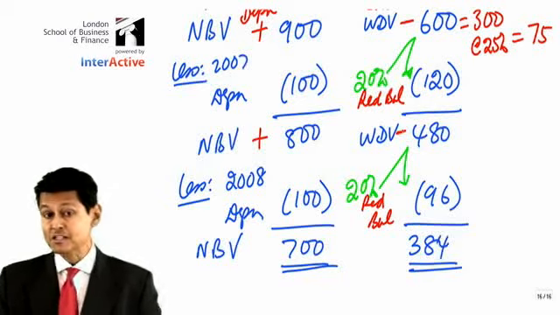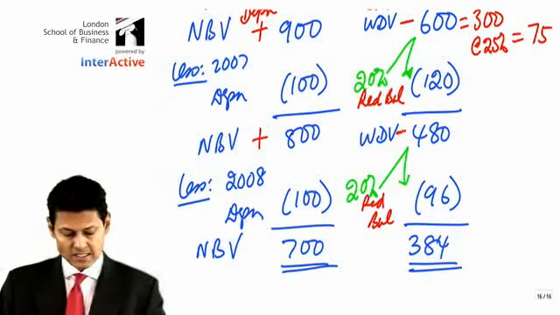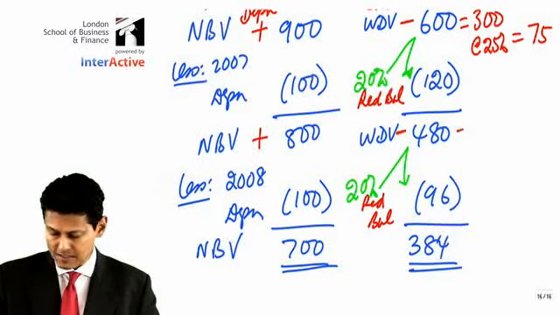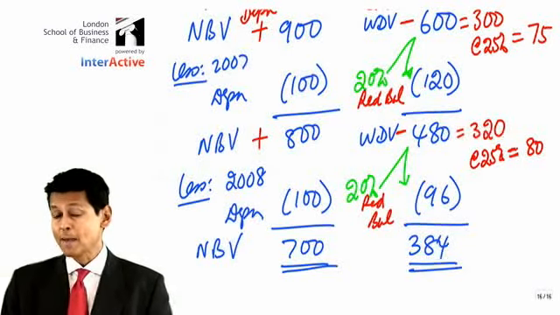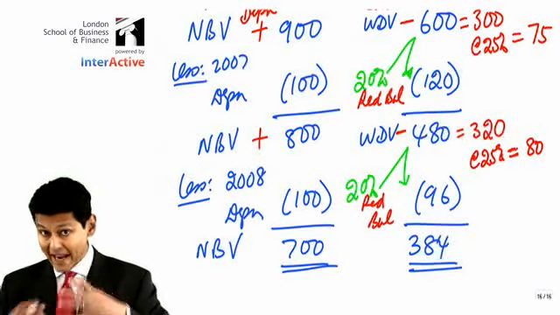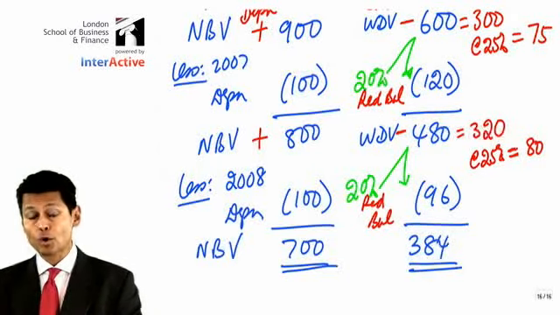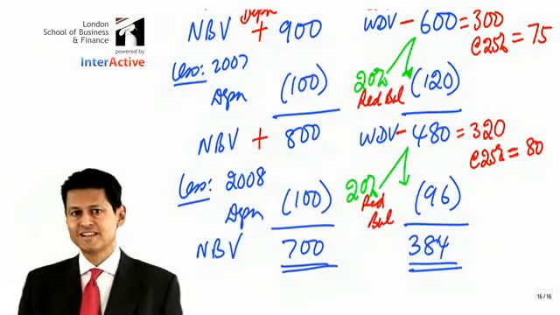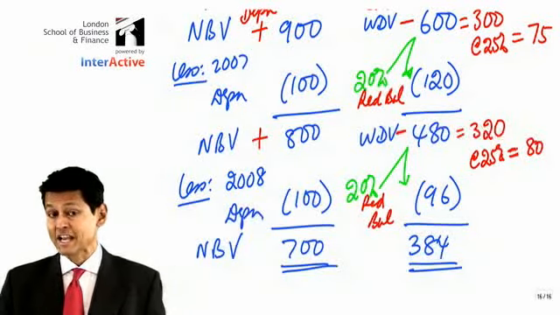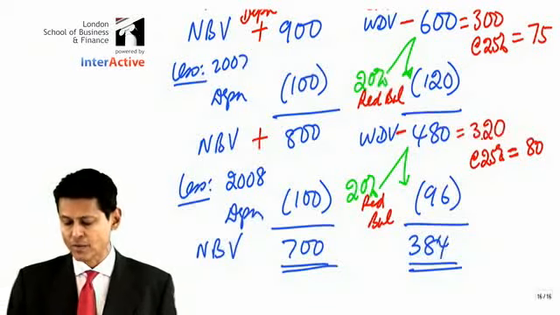So if you take the plus 800 and the minus 480, it is a plus of 320. At 25%, that is 80. When I say plus, what I mean is the taxable profit goes up, causing tax. So that's known as a temporary difference, the increase in the taxable profit, the 300 and the 320.